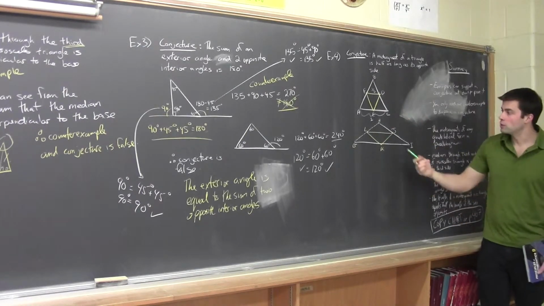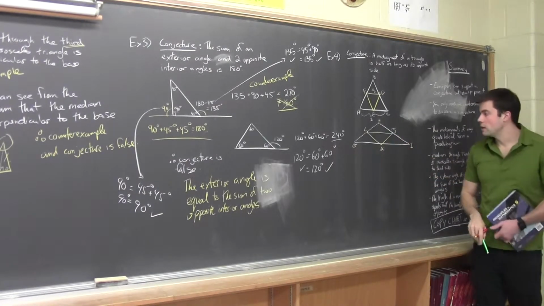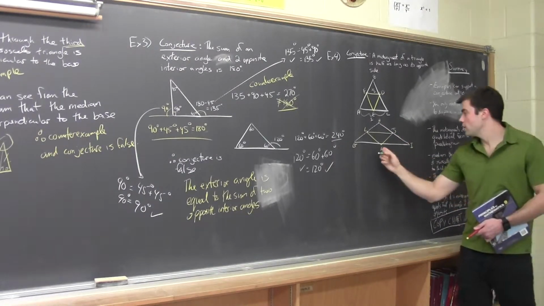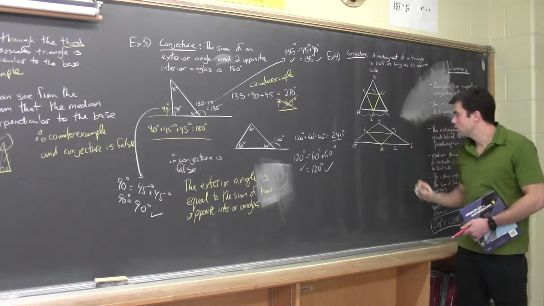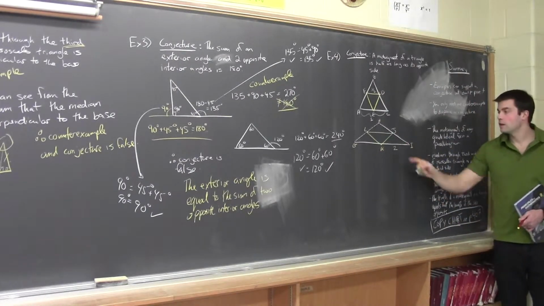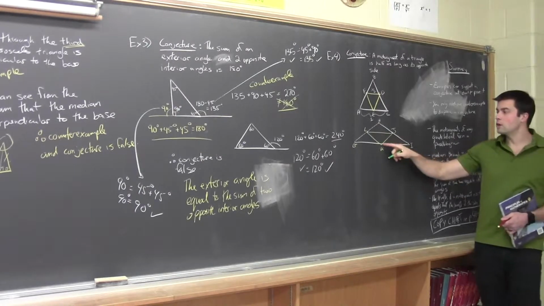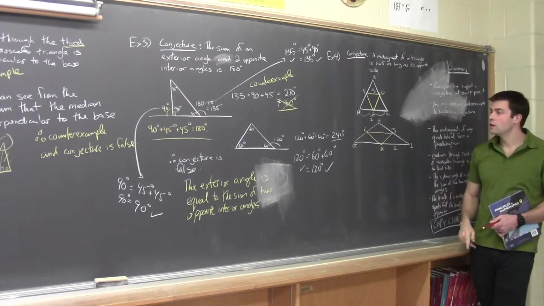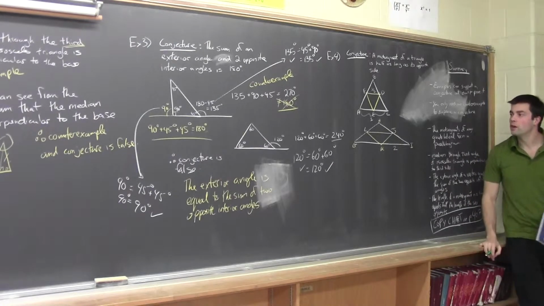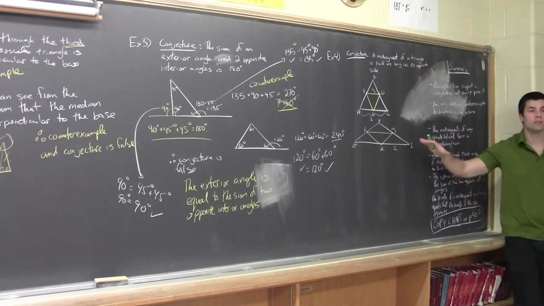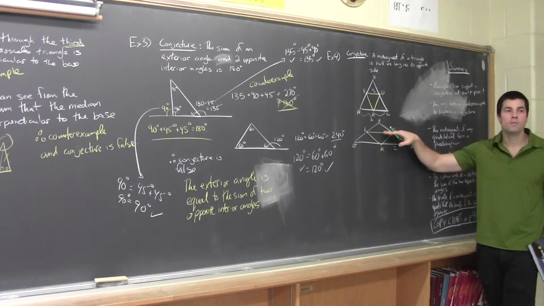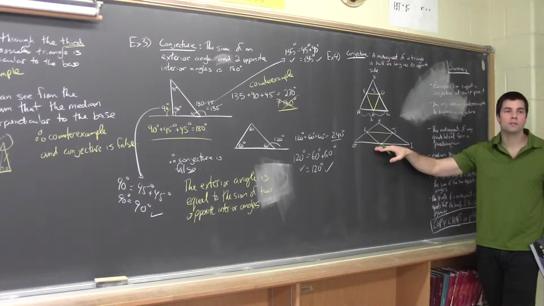Okay? So in this particular case, let's just say KI is equal to 2. All right? These are mid-segments. I could ask you, what's the length of LJ? You should be able to know this now based on the fact that the mid-segment is half the length of the opposite side.